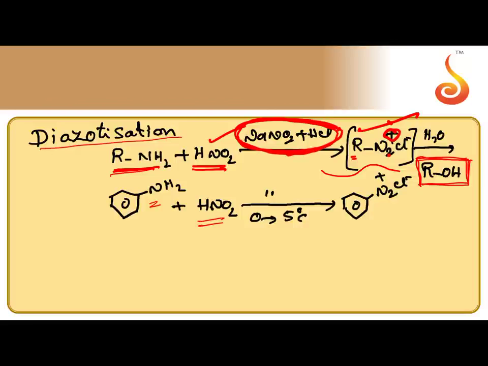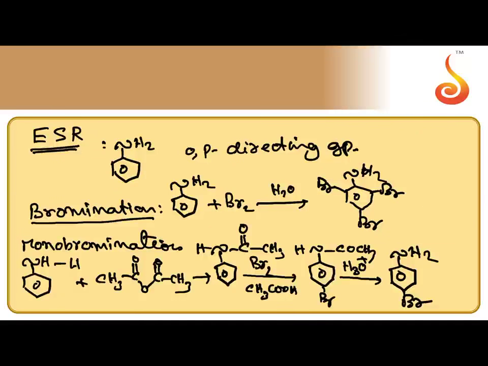When it is reacted with HNO2, if the temperature is maintained at 0 to 5 degrees centigrade, NH2 becomes N2 plus, benzene diazonium salt. This benzene diazonium salt is stable if you maintain the temperature at 5 degrees centigrade. So aryl diazonium salts are stable when compared with alkyl diazonium salts.